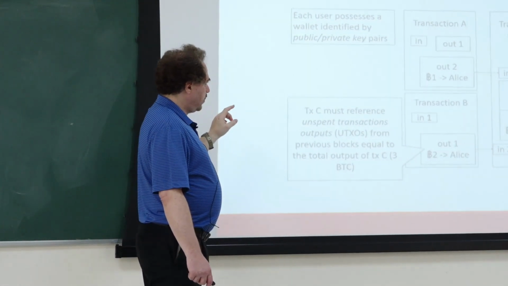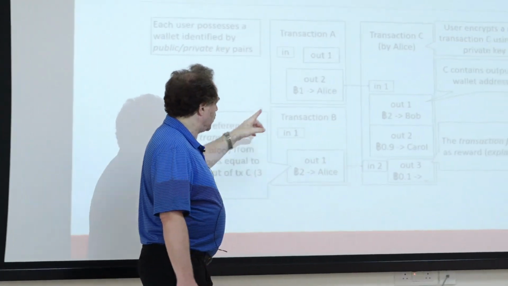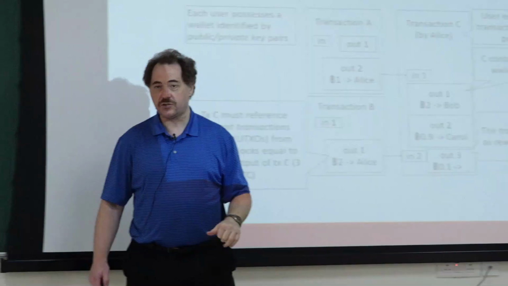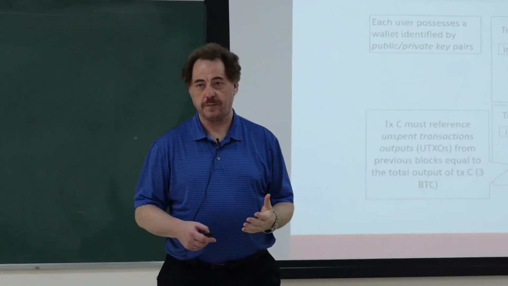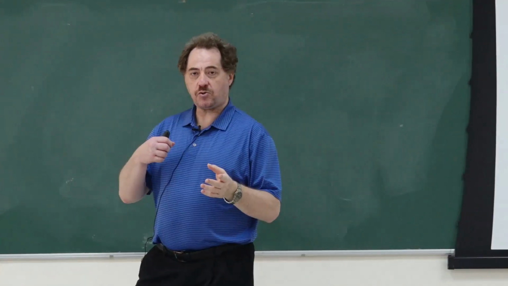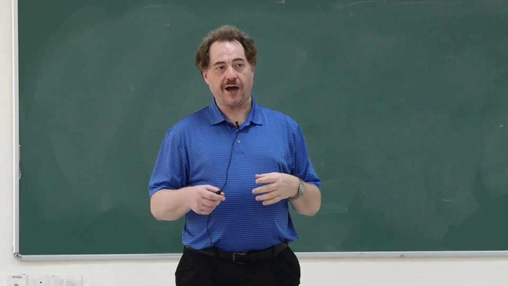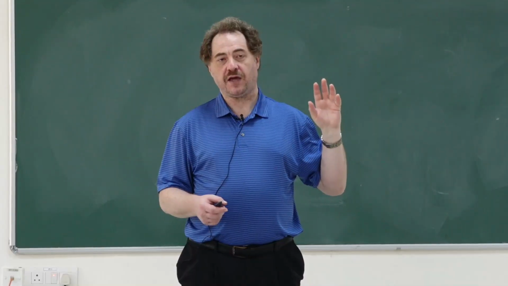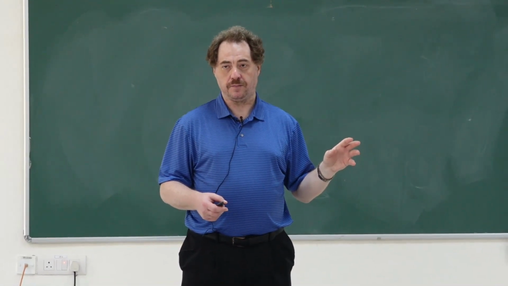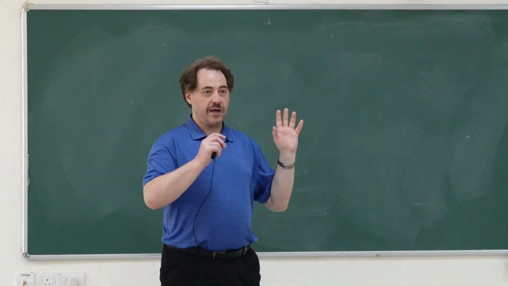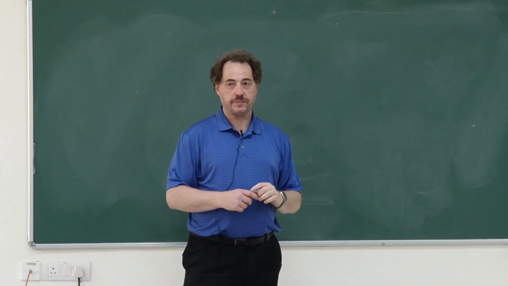So again, very important that the output has not been spent already. Otherwise, it's called double spending. And therefore, the system needs to track all the outputs that were previously issued, but that have not been spent yet. Because only those outputs can be used as inputs to new transactions.